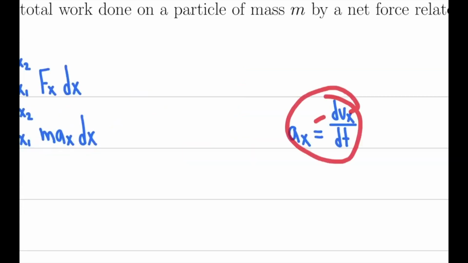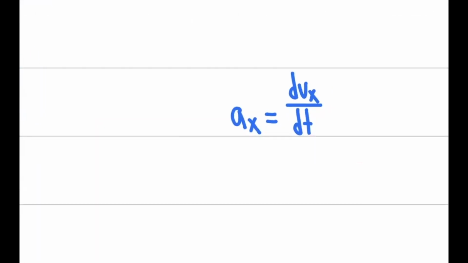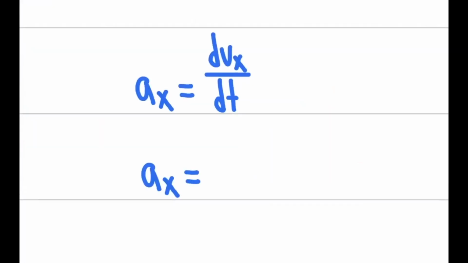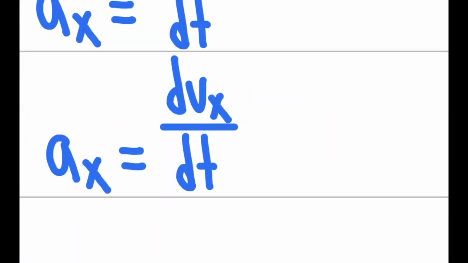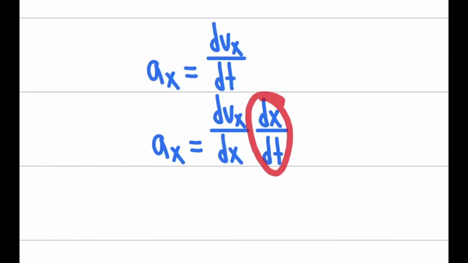This is good, but the thing is this integral is with respect to x, and this is dt right here. So I want to make this a dx kind of situation. I can just use the chain rule. I can say that this equals dv/dx times dx/dt. What is dx/dt? Oh, that's just v.